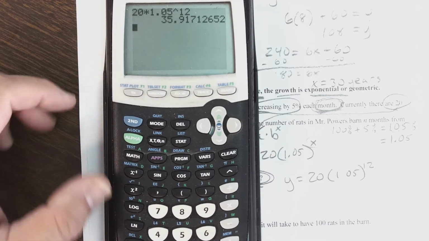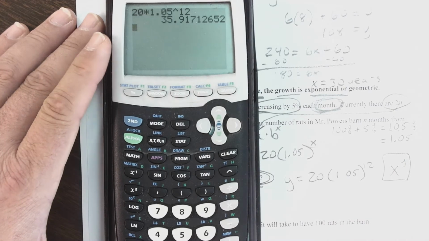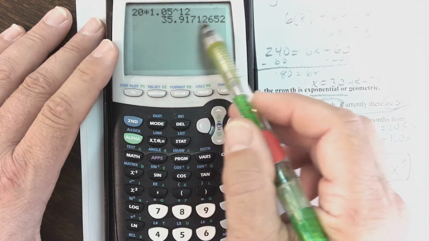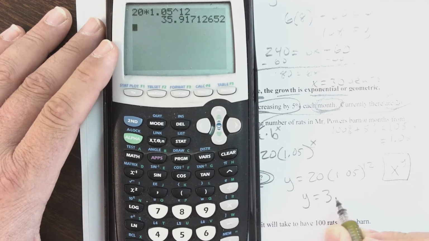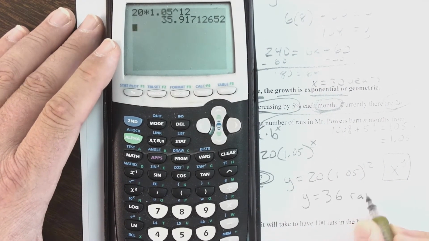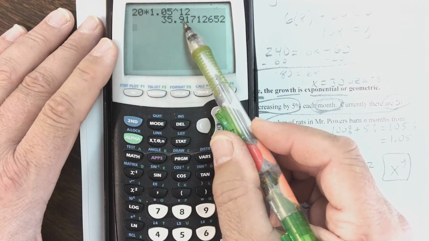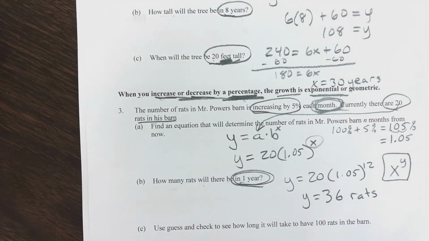Your key may be a x raised y, that would also work. You need to type it in until you can get that number on your calculator. y equals 36 rats, because you just round to the nearest one.